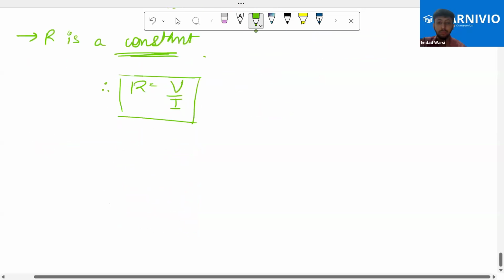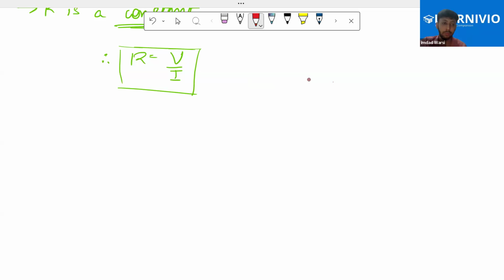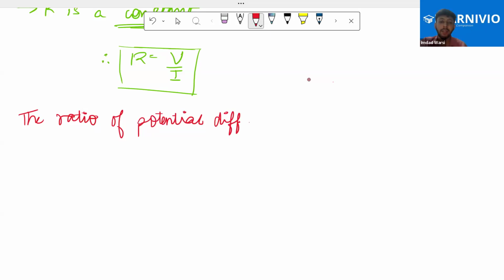When you increase the potential difference, the current in the circuit also increases. Write this.